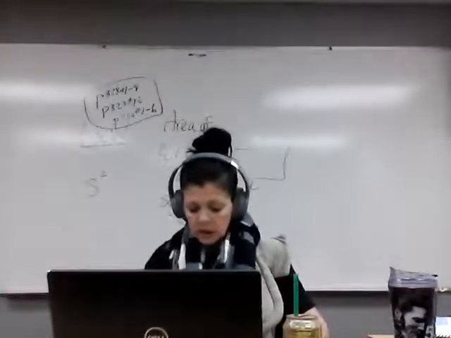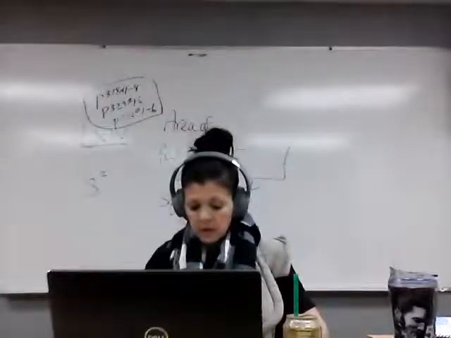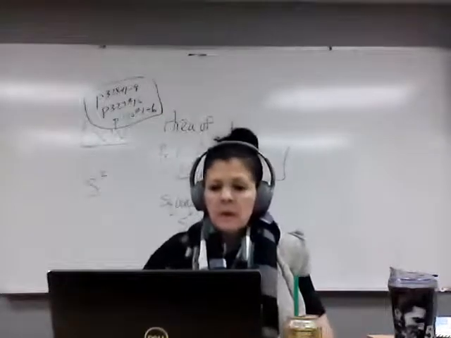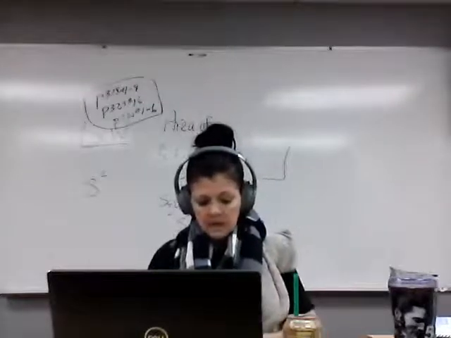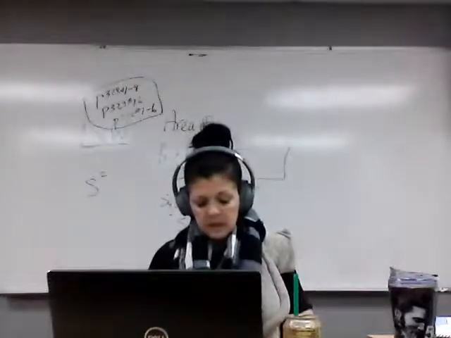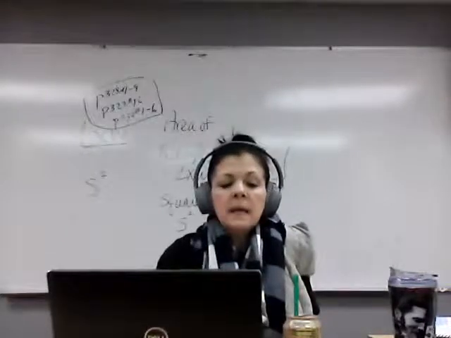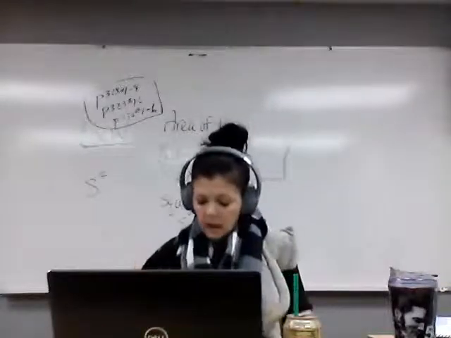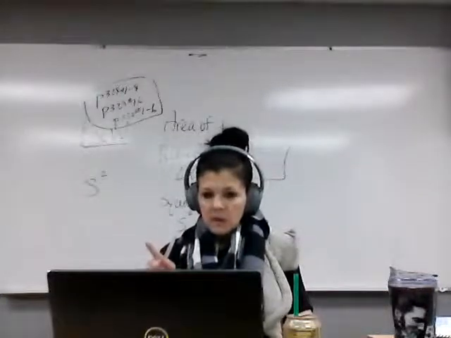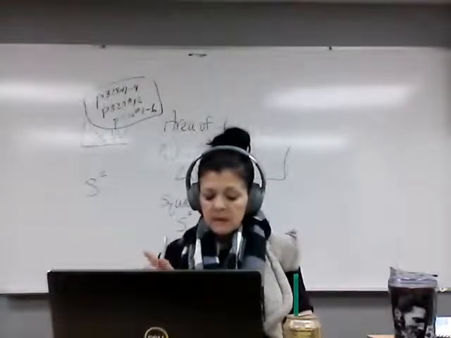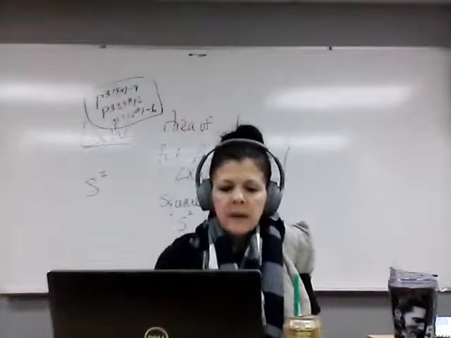because it's a circular cylinder, what are you going to use? Circumference, right? So let me write down what I want you to use and then you can do it. So we'll do C equals pi. Now, what are they giving you? They're giving you the diameter. So what's the formula when you have the diameter? Pi times d.